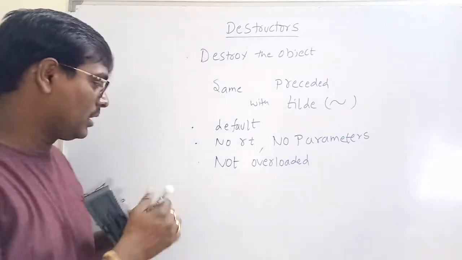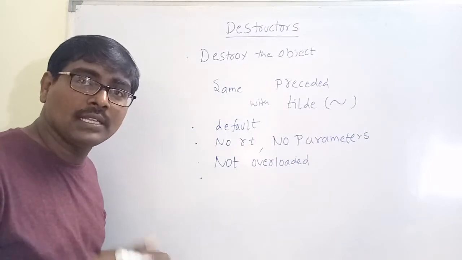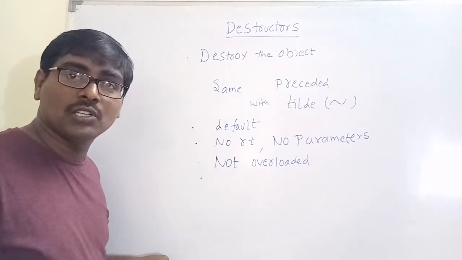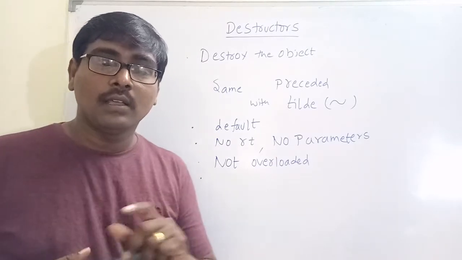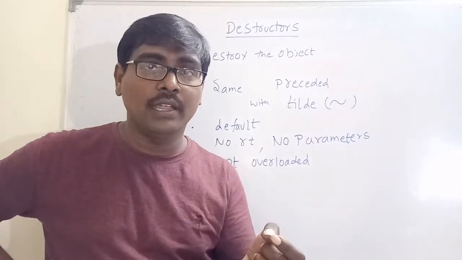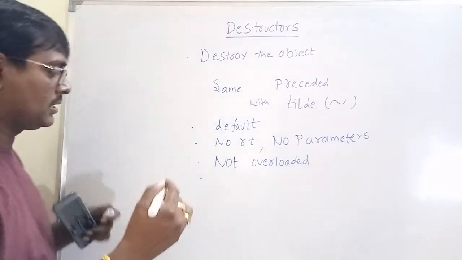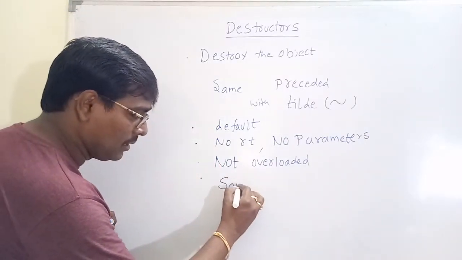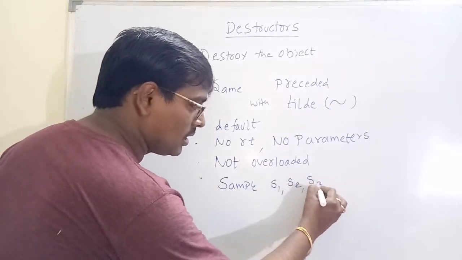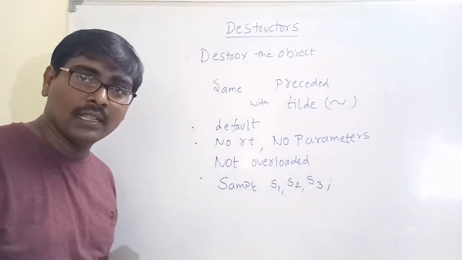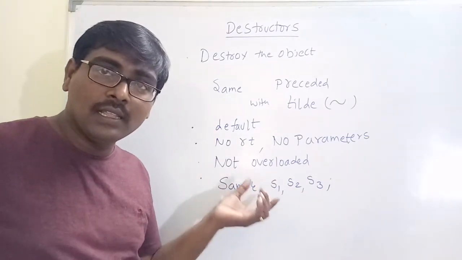And one more important point is at the time of constructor calling, in which order are the objects called? A simple example: sample S1, S2, S3. In which order are the constructors called? The constructors are called in the given order.